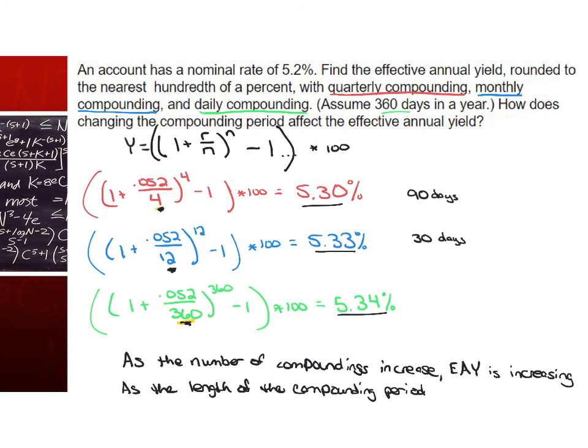When n is 360, if I'm compounding daily, it's just 1 day. So as the length of my compounding period goes from 90 to 30 to 1, that's decreasing, it gets smaller. We still want the effective annual yield is increasing, because as these numbers are getting smaller, these numbers are still getting bigger. So you're going to look for those 2 statements.